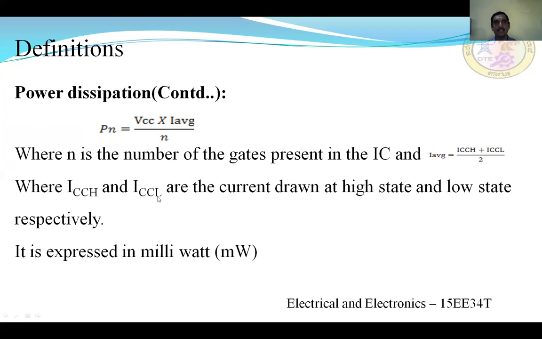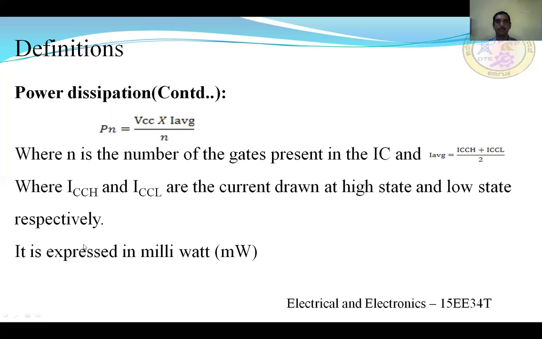ICCH and ICCL are the currents drawn at the high state and low state respectively. Both currents will not be the same; the current drawn in the high state is different from that in the low state. So we take the average of the high state and low state. That's the formula VCC into I average, which gives the power, and we divide the product by the N number of gates.